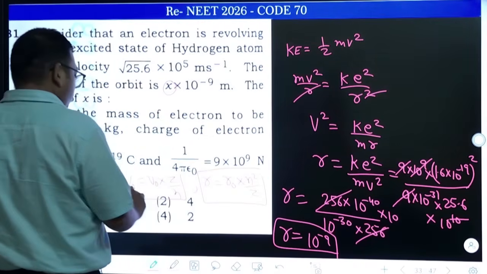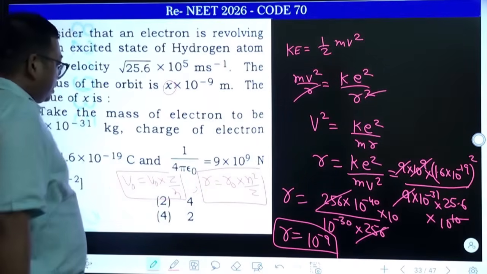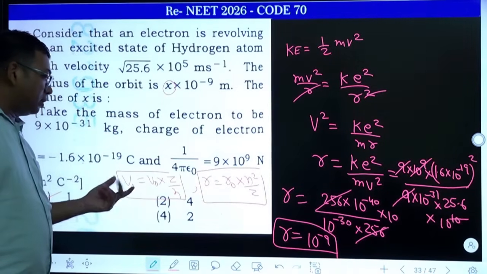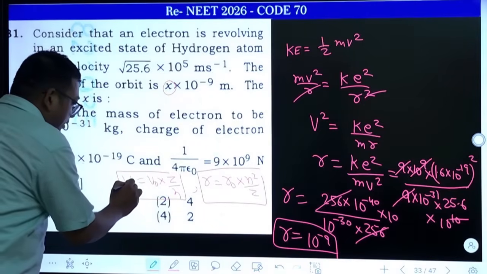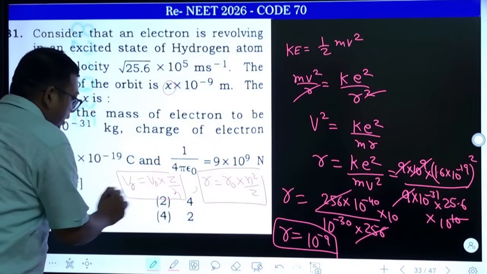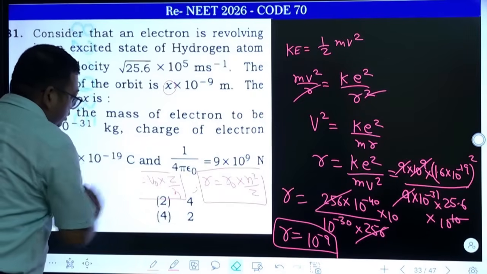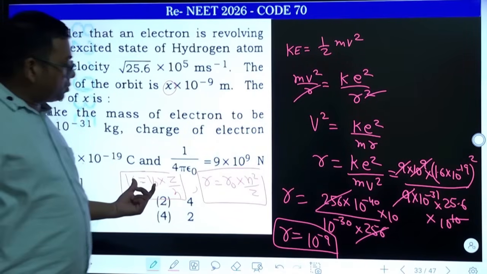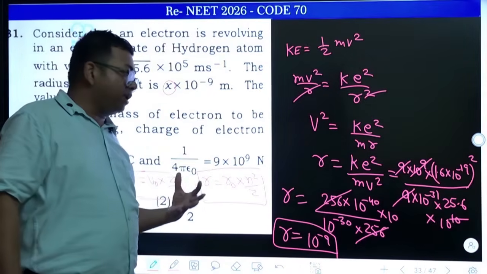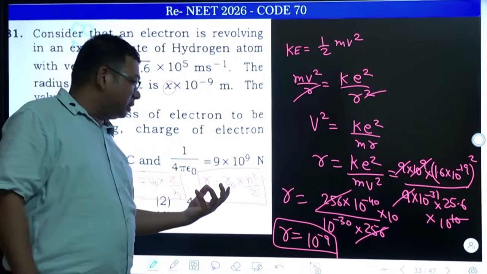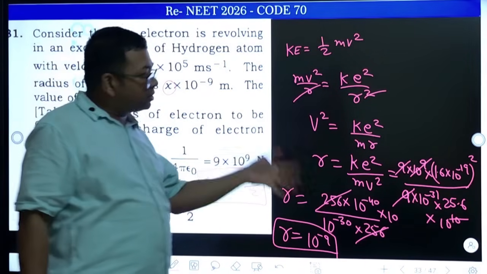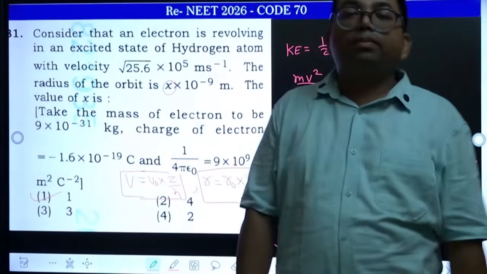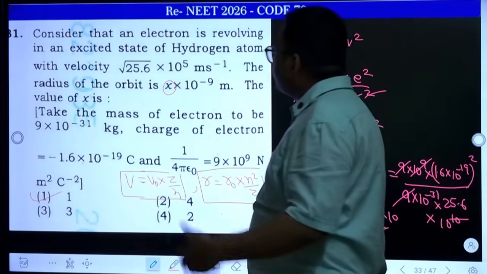You should know the formula for r naught and v naught. See, z is 1 only. And if I know this, it is v at any radius, the velocity formula for any orbit. So we are supposed to know the answer. For JEE it is not required, we can solve it, but for NEET it is required to remember. Otherwise you need to do the calculation, and if you forget the formula it is a problem. So much practice you have to do.